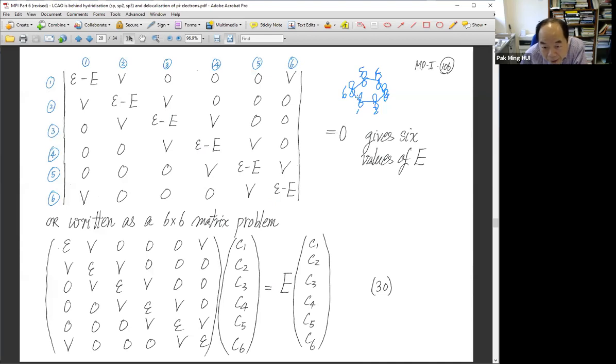Atom 1 has nearest neighbor 2, so H12 is V. And 6 is also its nearest neighbor, so I put a V here. This is H16. How about H13? They are very far away, so the integral should be 0. Do you understand the first row?